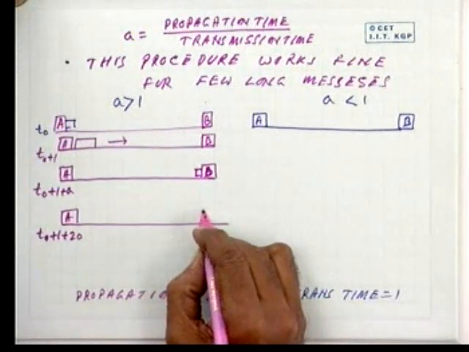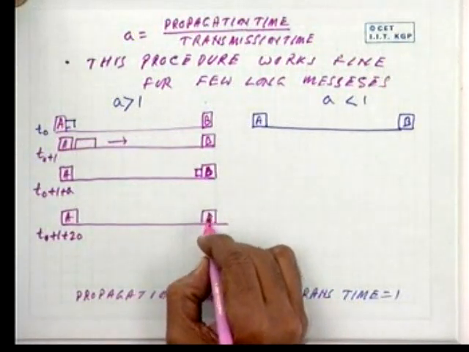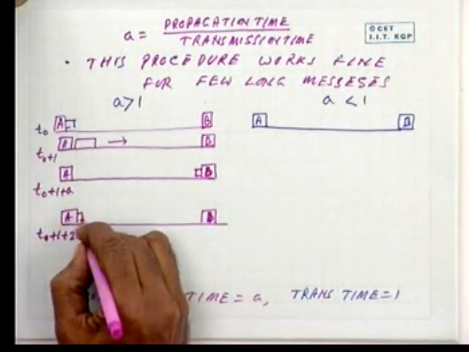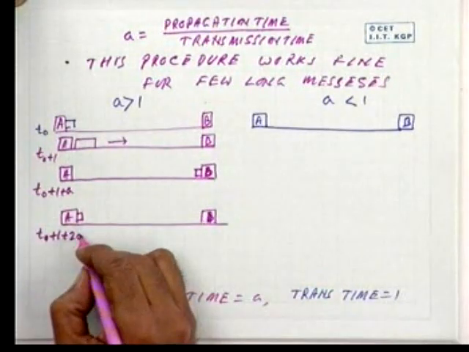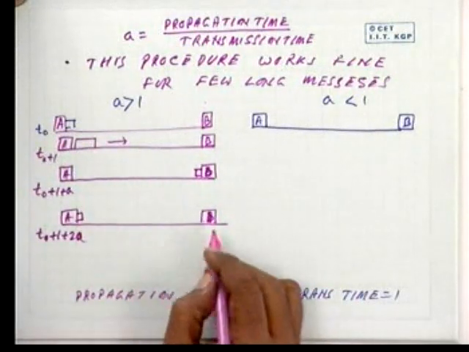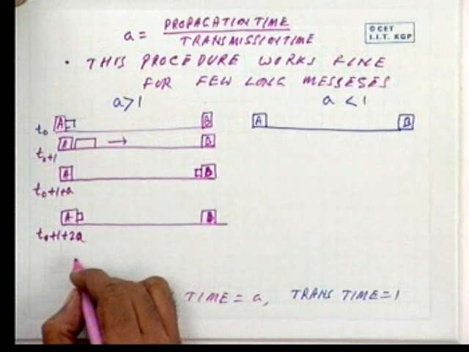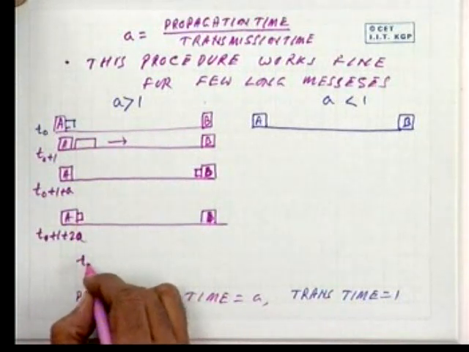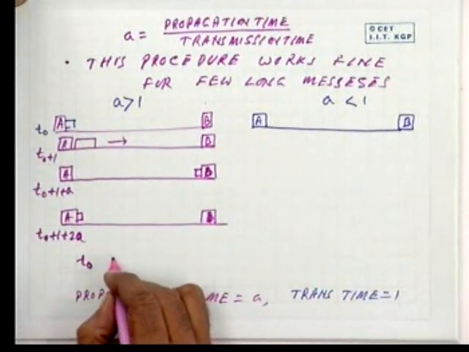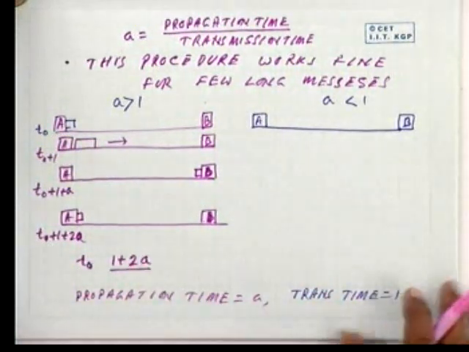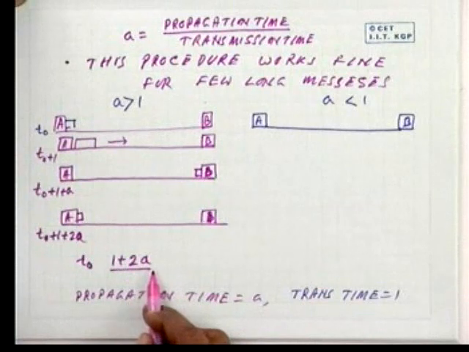A will receive the acknowledgement which has been sent by B. So for sending one packet, the time required is from t0 to t0 plus 1 plus 2a. Essentially, this is the time required for complete transmission of one frame.